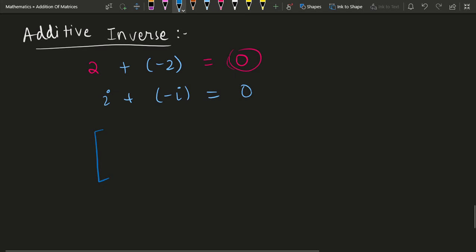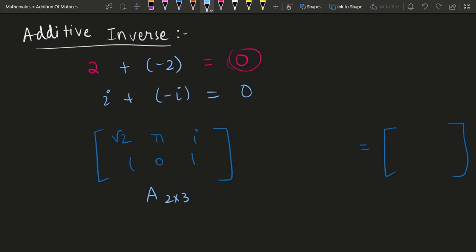So if you take the same example that we had before, root 2, pi, i, 1, 0, 1, you want to make this matrix of the order 2 by 3 into a 0 matrix. That's the additive identity for 2 by 3 matrices.